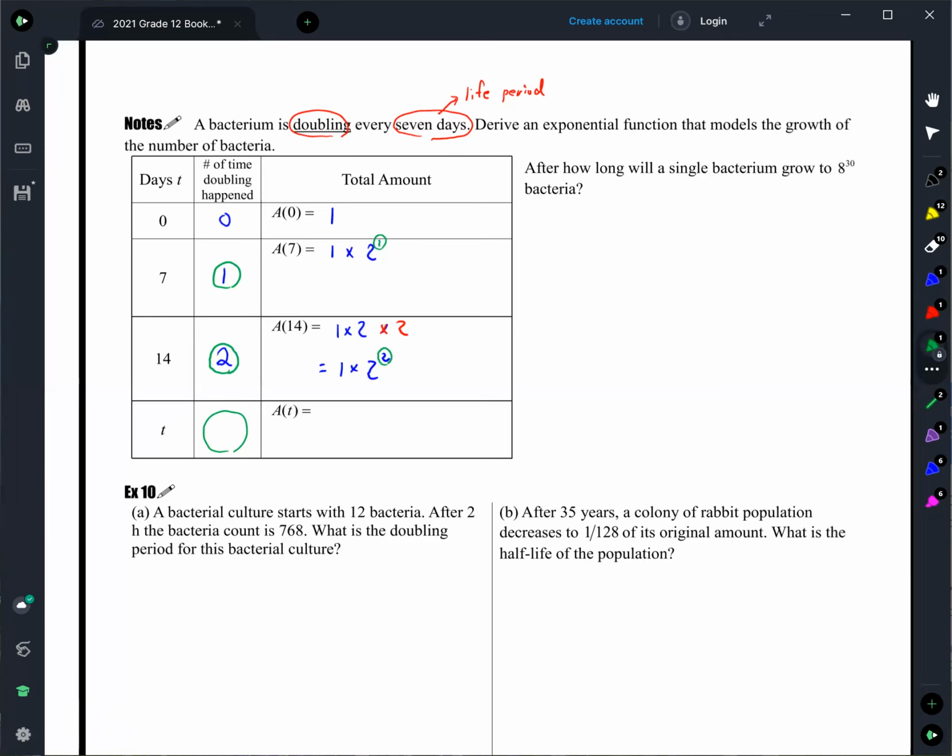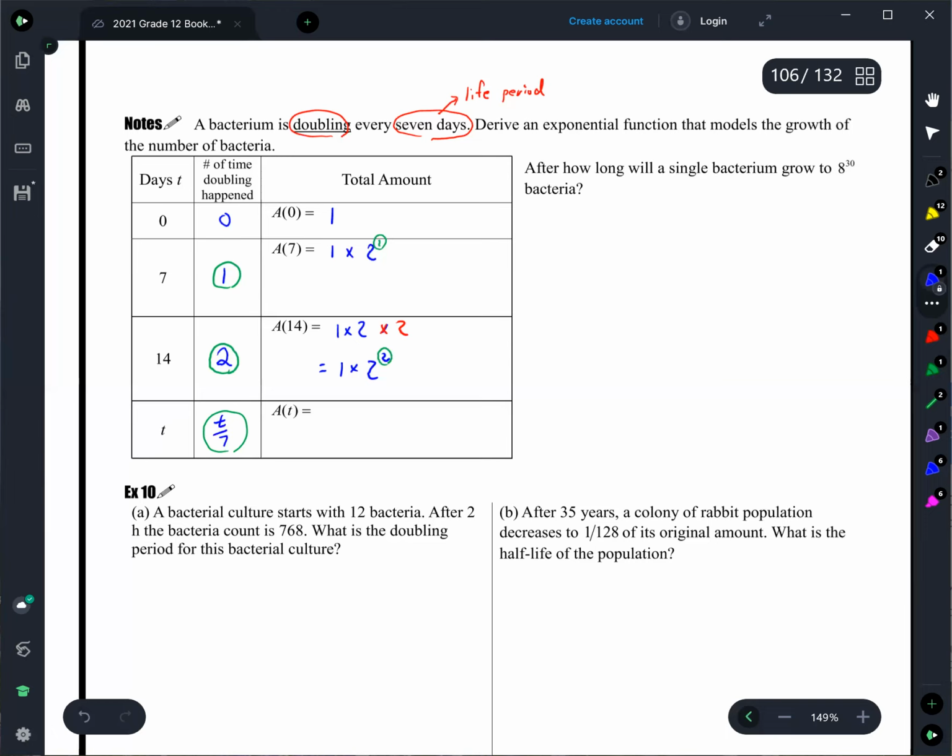Anybody? What should go inside that blank after t days? Is it t over 7? Yeah, Jenny? Someone else had the right answer. Philip, what did you say? T over 7. Yeah, okay, very good. T over 7.